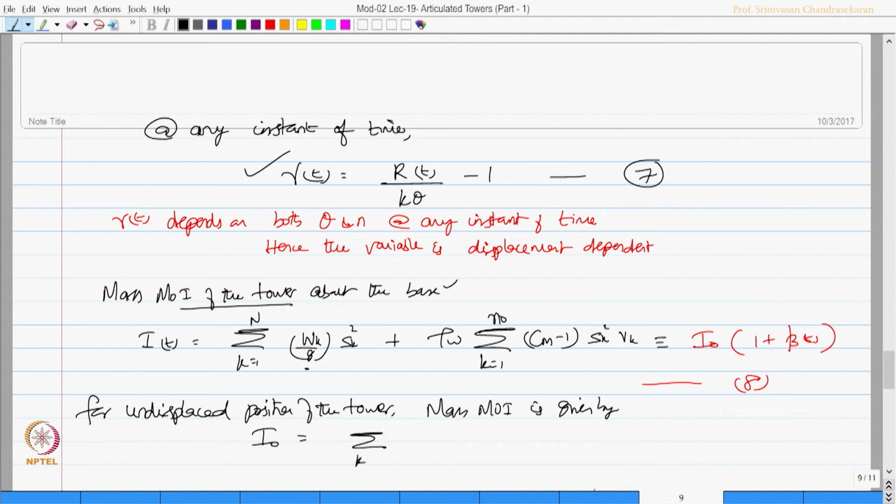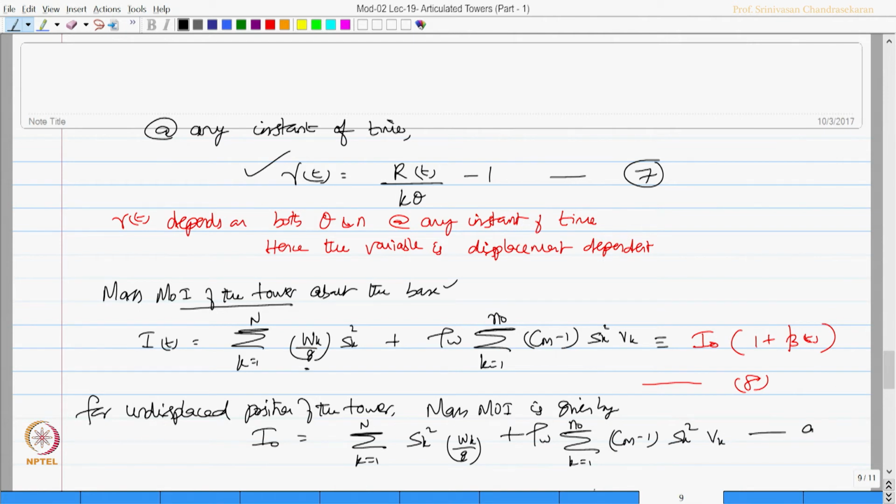summation k equals 1 to n, s_k square w_k by g, plus rho_w summation k equals 1 to n_0, C_m minus 1, s_k square V_k.